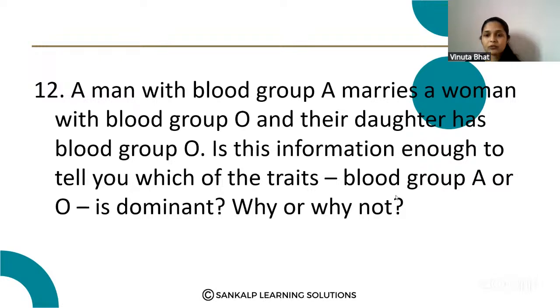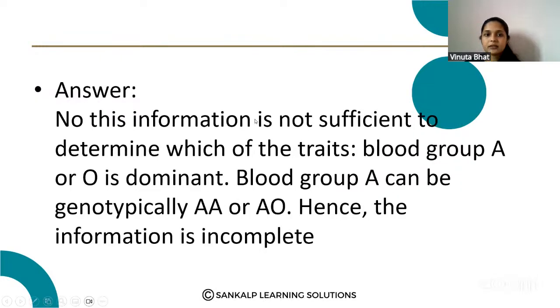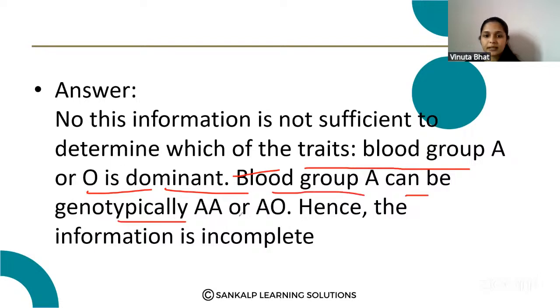Why or why not? Here, no, this information is not sufficient to determine which of the trait, blood group A or O, is dominant. Blood group A can be genotypically AA or AO, hence the information is incomplete. Okay.